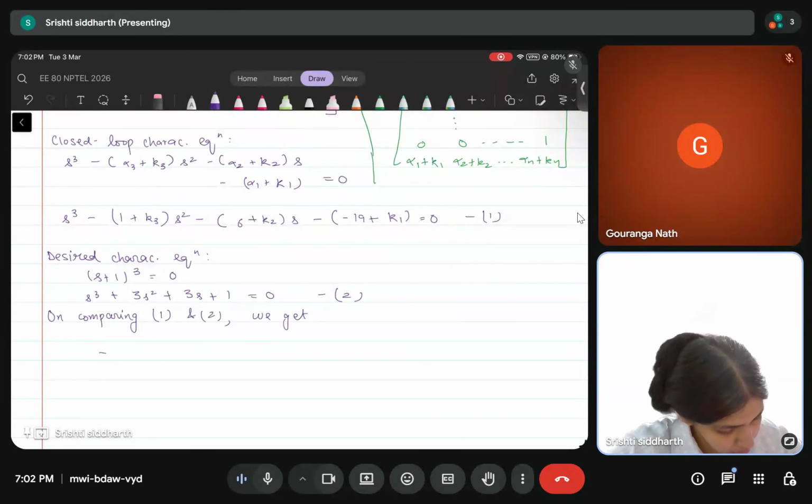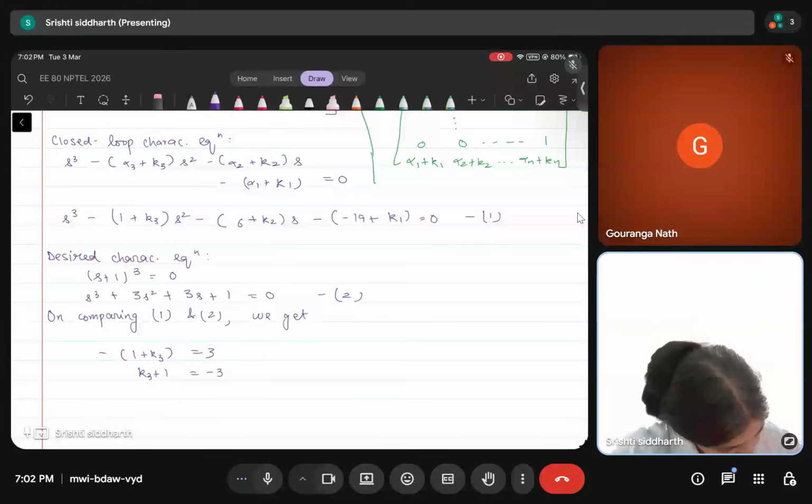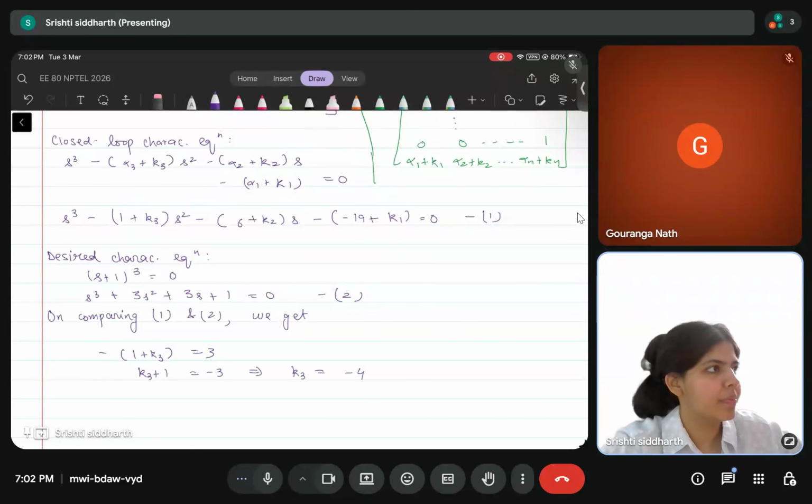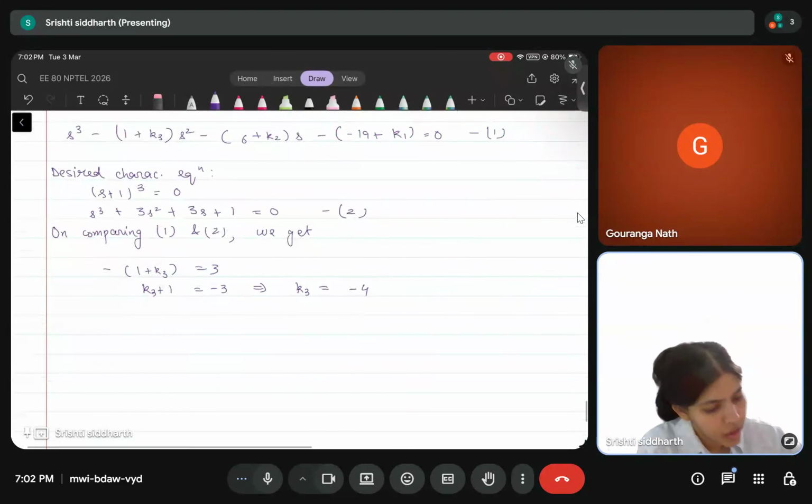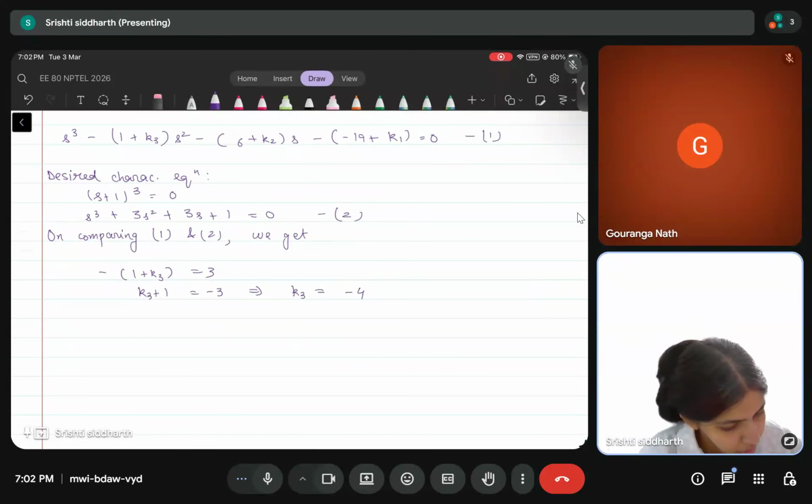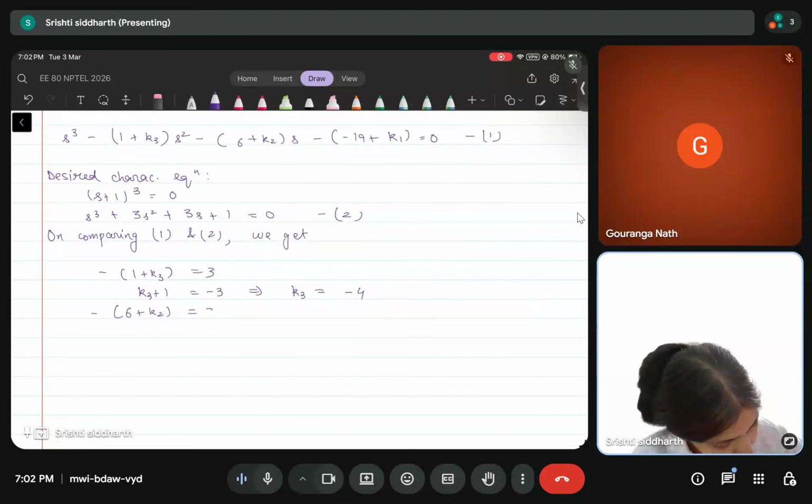Okay, we have minus 1 plus 8, 3 equals 3, which implies Q3 is minus 4. Of minus 6 plus K2 equals 3, K2 is minus 9.